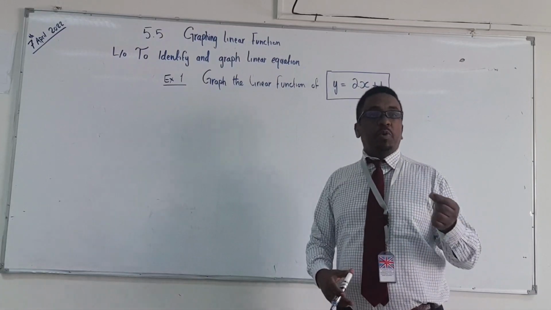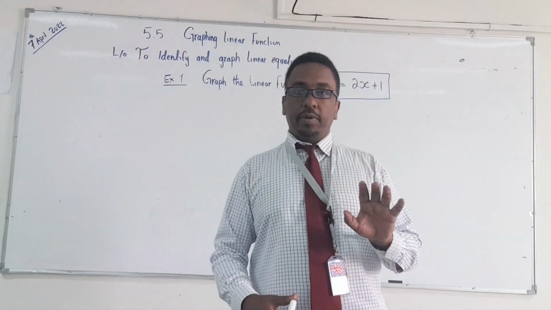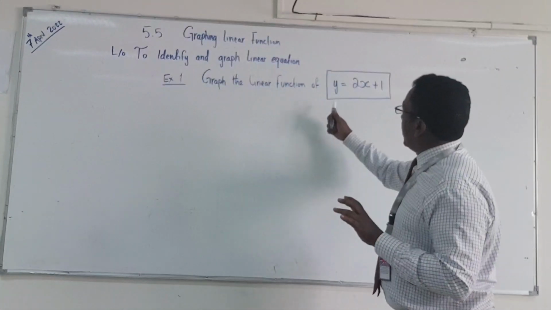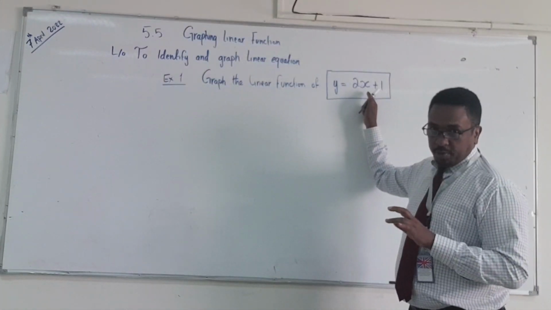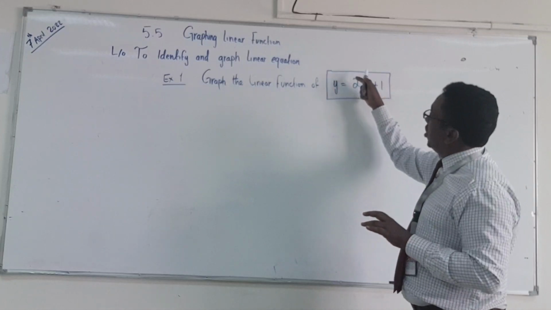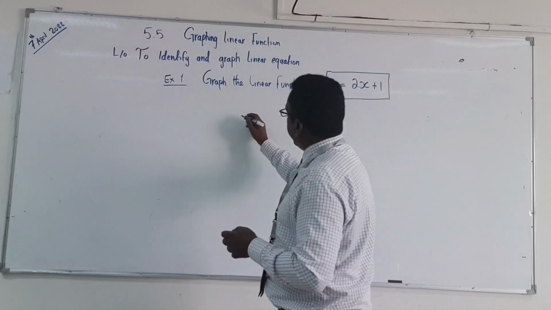So the first step we're going to take is we need to draw the table. Remember, we have input, we have output, and we have the instruction of what to do. So let's start.